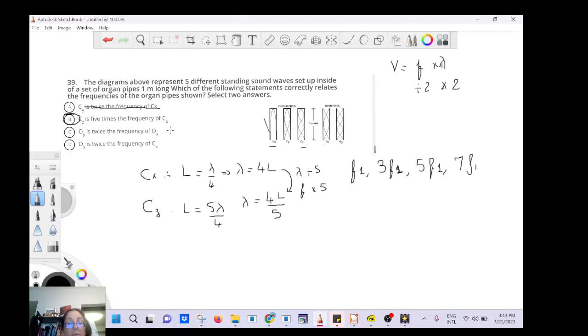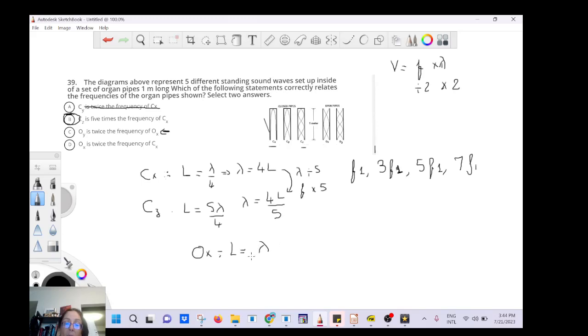Now you can do, just to practice here, OY and OX. So OX, you have L equals, but that's going to be an easy one, right? So that's going to be half and a half. So that's going to be 1 wavelength.